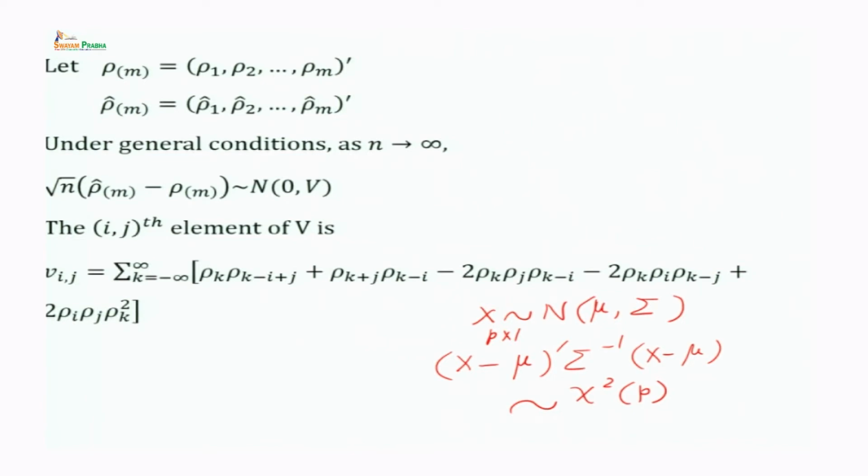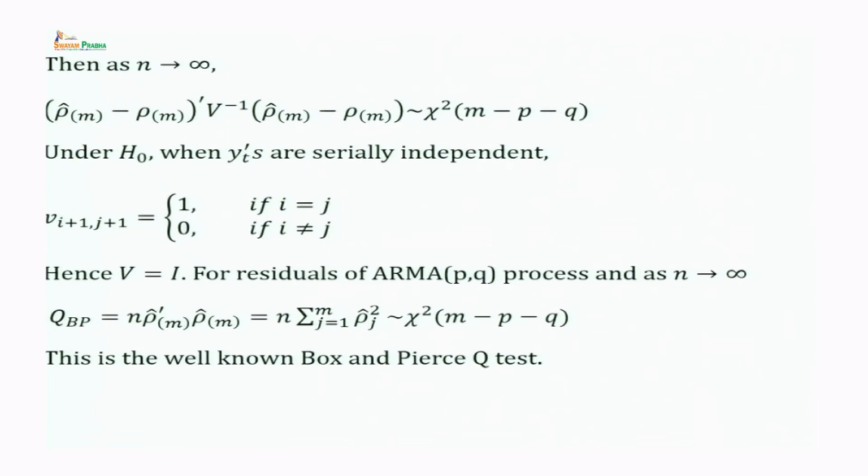Now, here root n times rho hat m minus rho m follows a normal distribution with mean 0 and variance covariance matrix V. Then rho hat m minus rho m transpose V inverse rho hat m minus rho m follows a chi-square distribution, and the degree of freedom is m minus p minus q. So, we have reduced the degrees of freedom by p plus q, and the reason is because you have p plus q parameters, phi's and theta's, and you have estimated those parameters also.